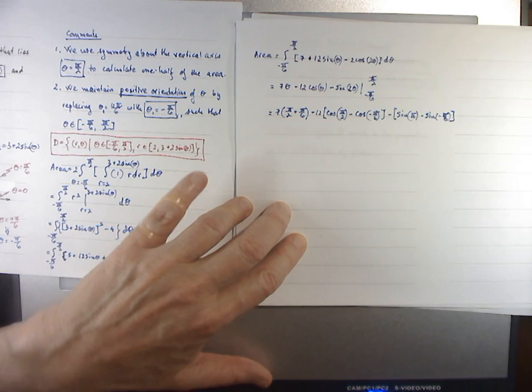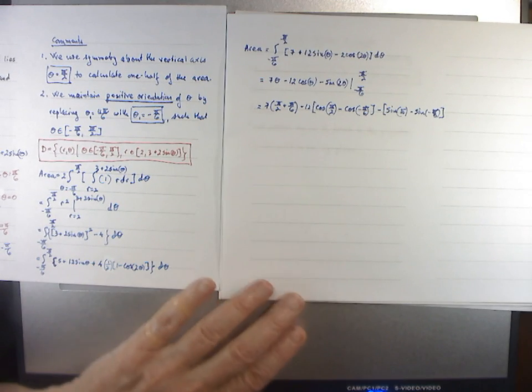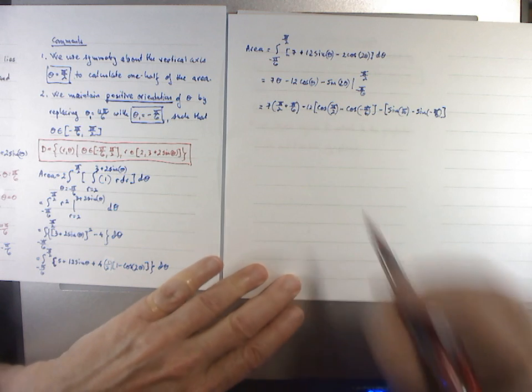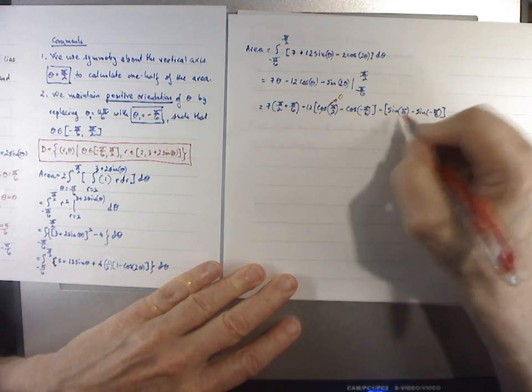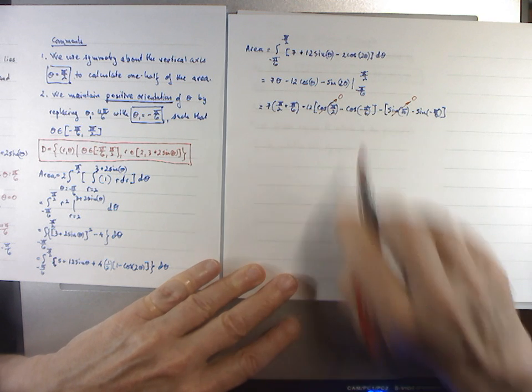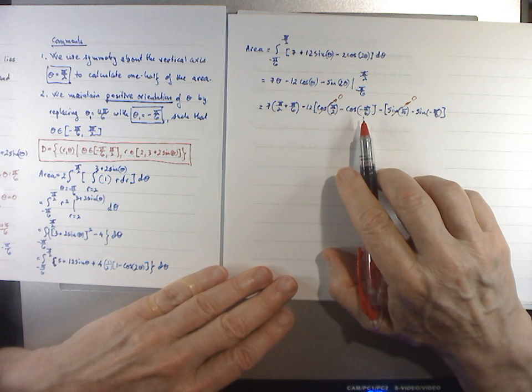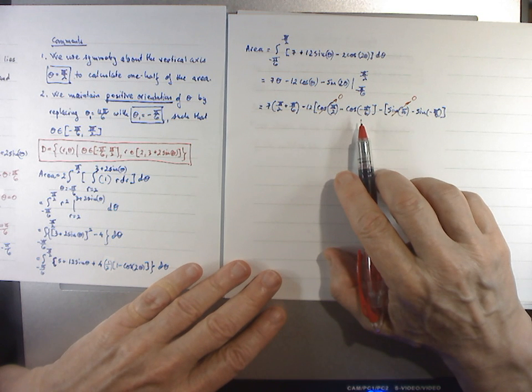At this point, I can go ahead and check what the values are. Cosine of pi over 2 is 0. Sine of pi is 0, so we took care of business here. The cosine function is an even function, so cosine of a negative argument is the same as cosine of the positive argument.